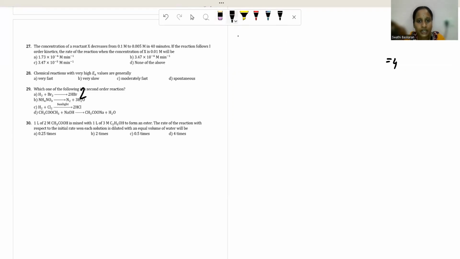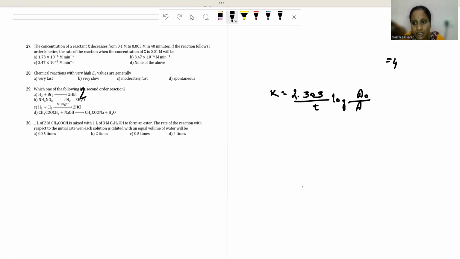So what is the formula of a rate? Before that, let me write the integral equation. So K is equal to 2.303 divided by t, log A naught by A.